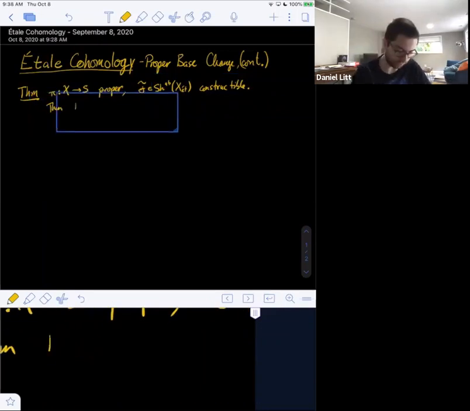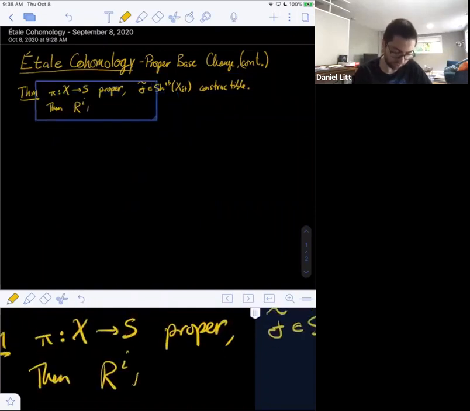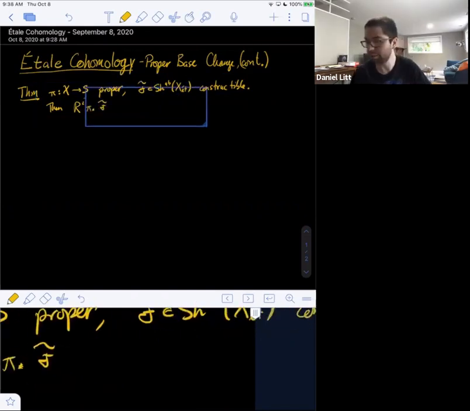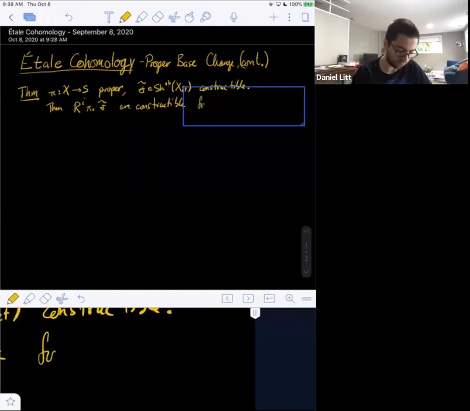was that R^i π_* of F, the derived pushforwards, are constructible for all i, and moreover, we can compute their stalks.